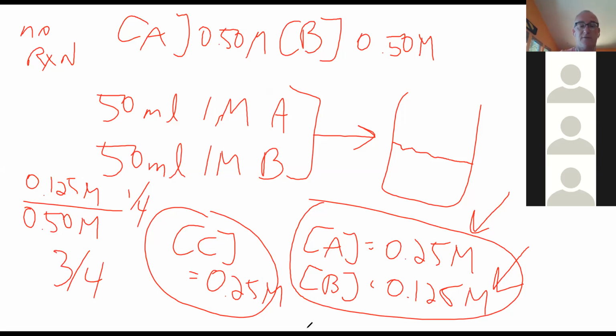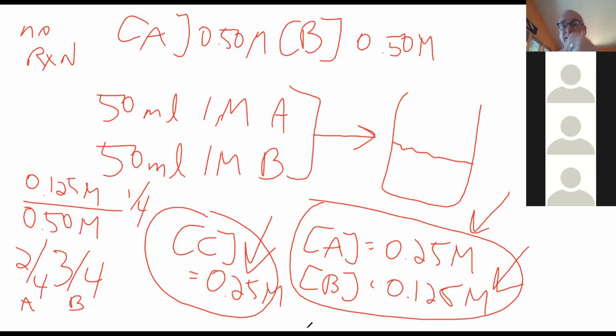So what I've seen so far is 2/4 of the A is gone, 3/4 of the B is gone, and now I have C showing up. And you use these ratios to try and figure out how much A and how much B create how much C. Am I making sense so far?